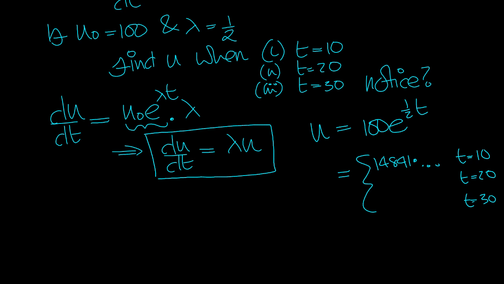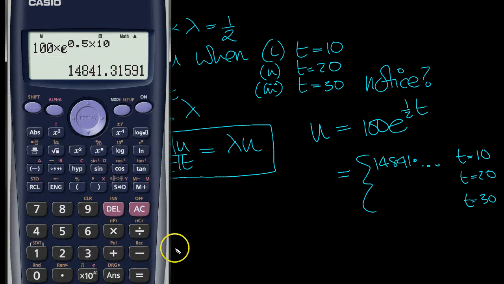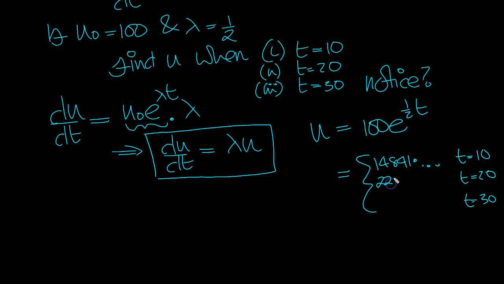Okay, now we're going to do 20, so change that to a 20. 2202646. Just the whole number part will suffice, I think, with this question, the context of it.